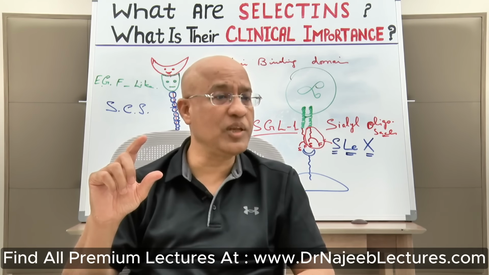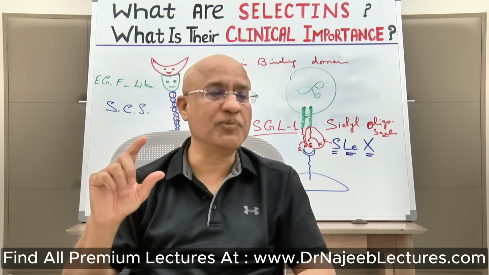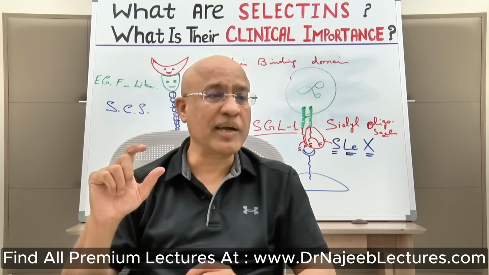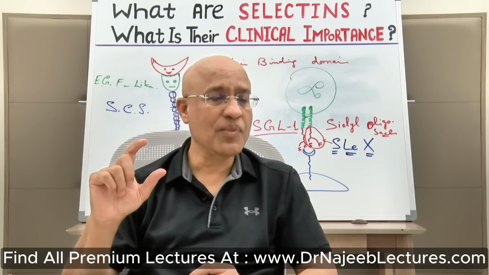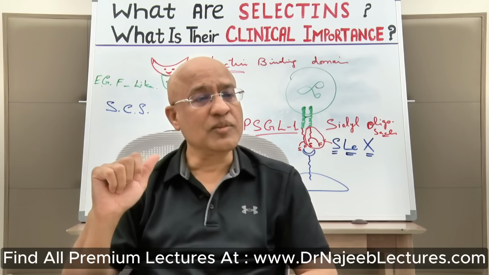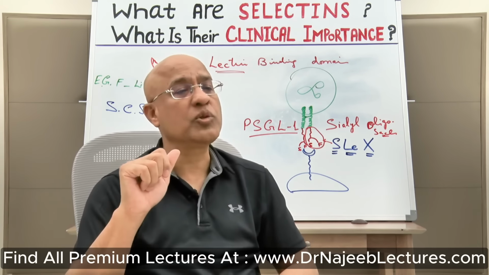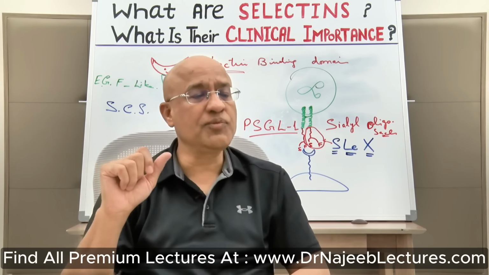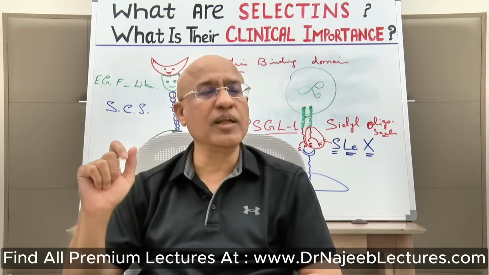There are special endothelial cells which are waiting for lymphocytes in the microcirculation of lymphoid tissue. What are those special cells? Those special cells are high endothelial cells. So these venules are called high endothelial venules.